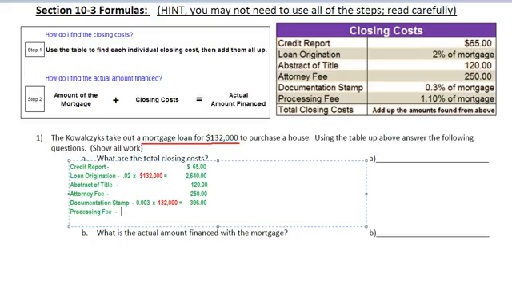The processing fee, once again, we're multiplying. I'm going to go ahead and move the decimal over so it's 0.011. If you want to have that other 0, that's fine. And I'm going to multiply that times the amount of the mortgage. All right. And I get $1,452.00.